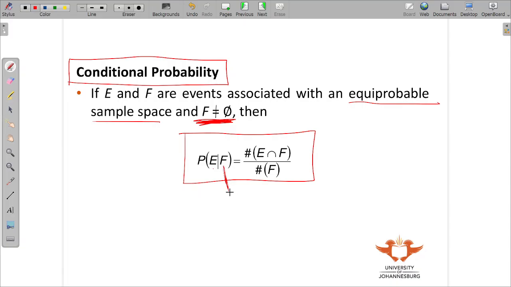But in many questions, they will not mention which is given. You are the one to work out which one is given, and then we are finding the probability of E. That probability equals the number of E intersect F over the number of F. This is still the same thing as the probability of E intersect F all over the probability of F. So you can use probability to find this, or the number of the intersection.